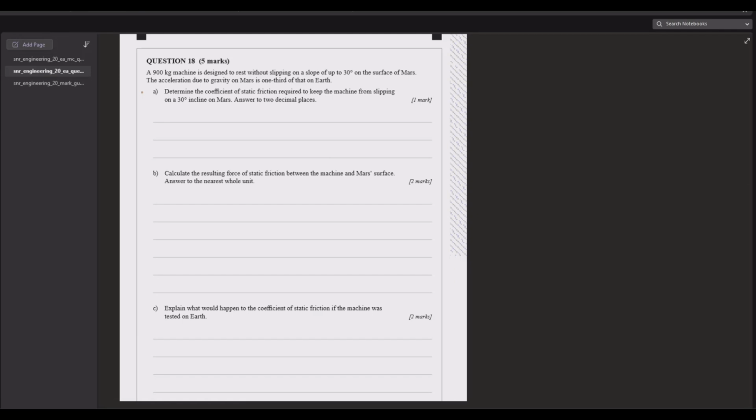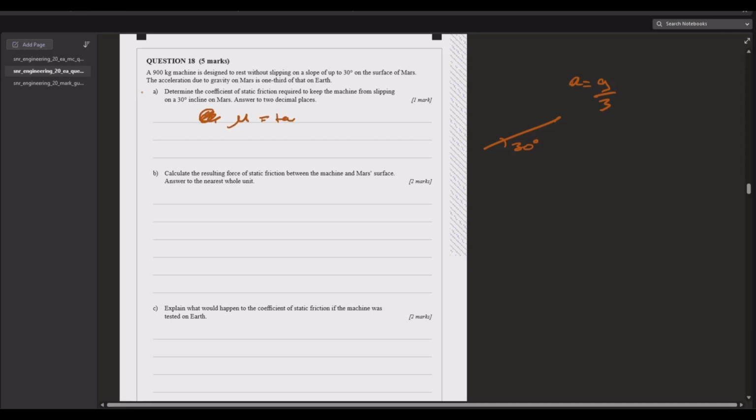Alright, we've got a slope of 30 degrees. So acceleration was g on 3. We did a similar working before. We're going to know that mu is going to be tan theta, because the mass and gravity cancel out in the final force equation.